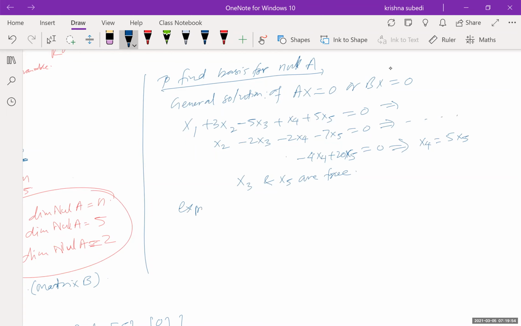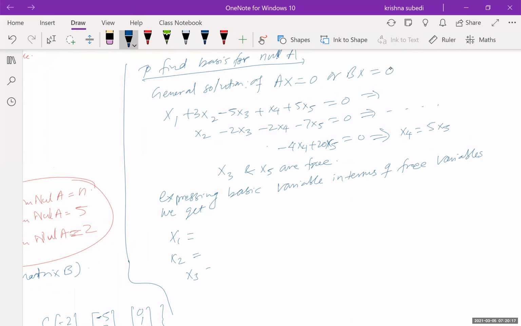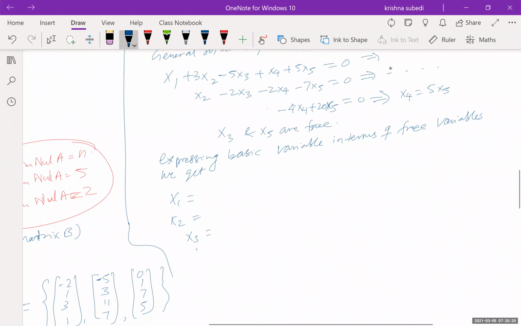So expressing basic variables in terms of free variables, we get x1, x2, x3, x4, x5.